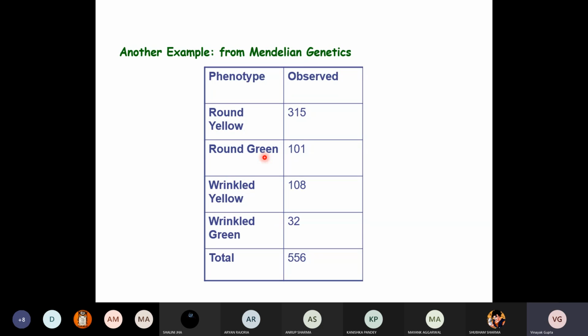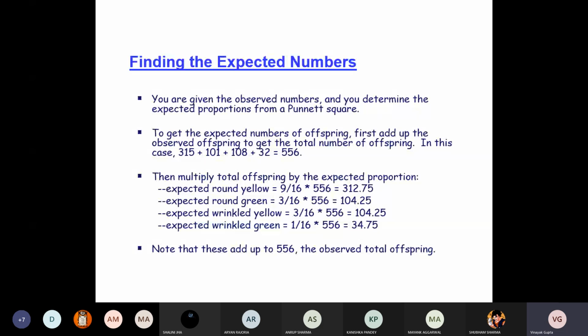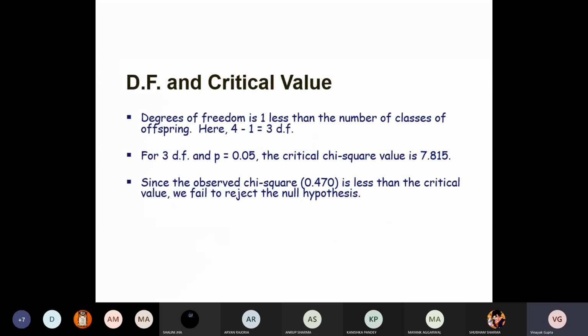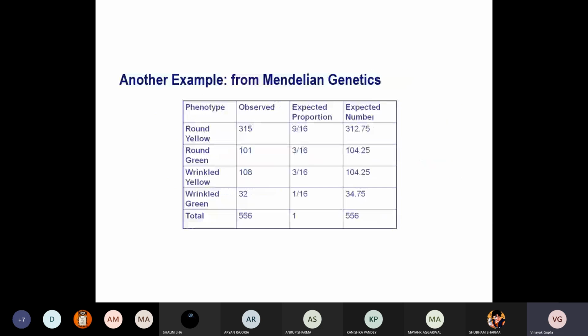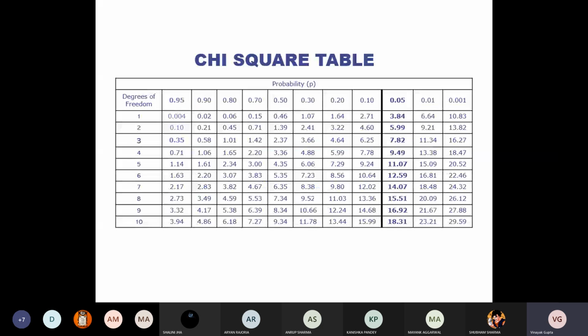Sir, 0.46. Okay, yes, your answer is right. So here is the calculation, and final is 0.46 or 0.47. So what is the degree of freedom here? Sir, 3. Okay, so corresponding to that, if we go to our table, degree of freedom is 3, and corresponding to probability 0.05, the value is 7.82.